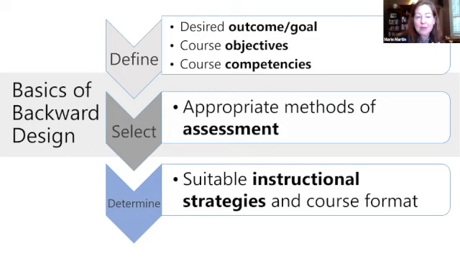So I think that what I found using this design and thinking about how do I assess students, how do I determine the appropriate strategies, I'm really thinking ultimately about the active engagement of my learner and how they can engage in the course content and promote ultimately higher learning. So really fantastic.